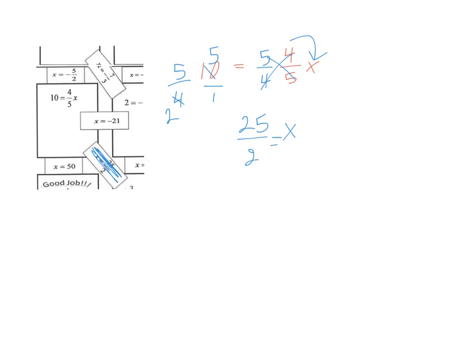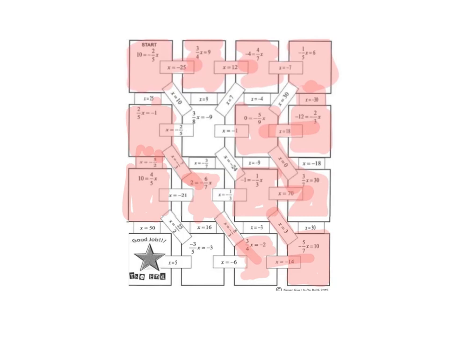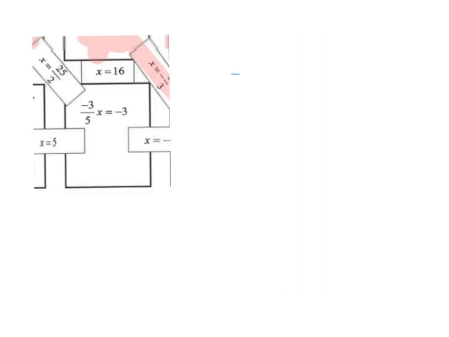So we got one more to go. We didn't finish. We got to go over here. We got one last one. Let's do it. Negative 3 over 5 x is equal to negative 3.